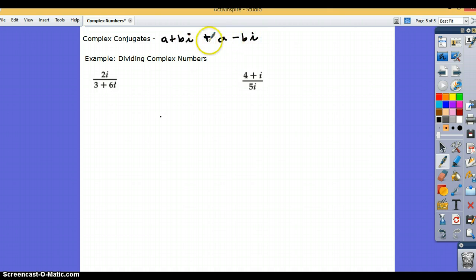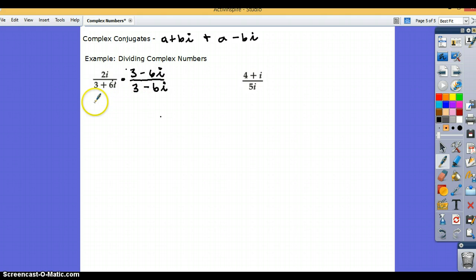These are what we call conjugates. So in this case, we want to multiply both the numerator and denominator by the complex conjugate of the denominator. So if this is plus, I want to multiply by 3 minus 6i. And then I do the same thing up here.